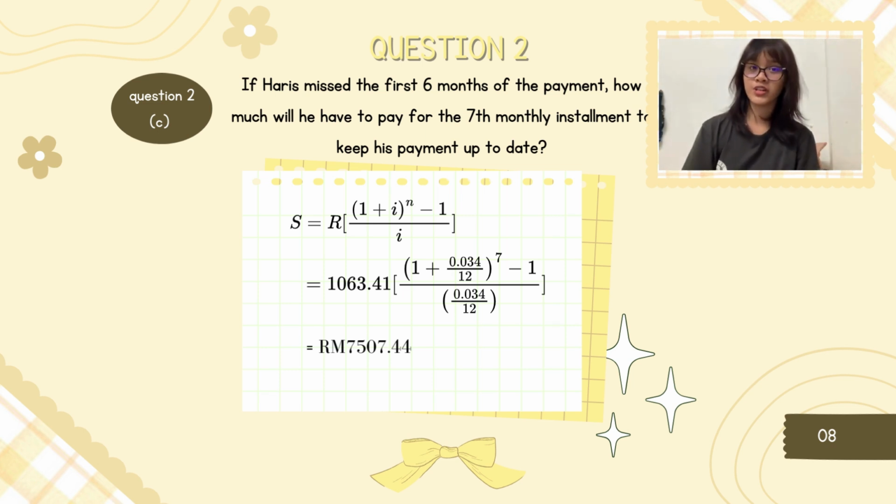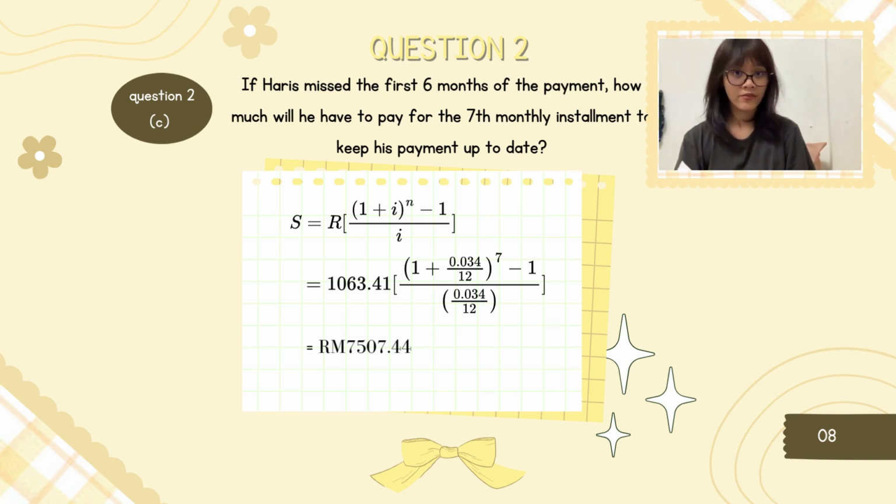So for the value of R, we already know from question 2a, which is 1,063 ringgit and 41 cents. So we just take the value and substitute it in the formula. And as for the value of n, we shall be using 7 because it says there the 7th payment. So we have to use 7 instead of 108. And after you've done the calculation, you should get the answer 7,507 ringgit and 44 cents.